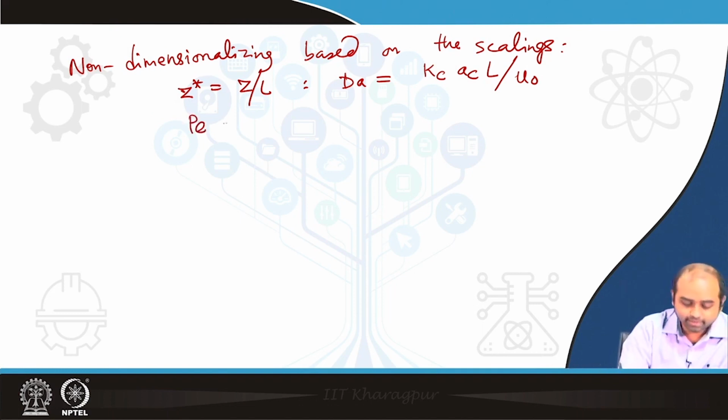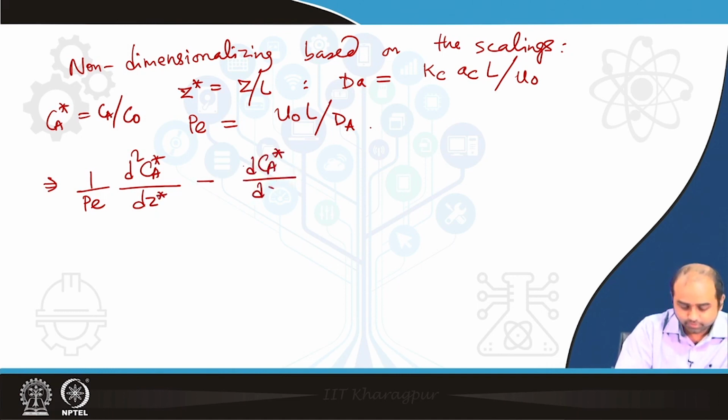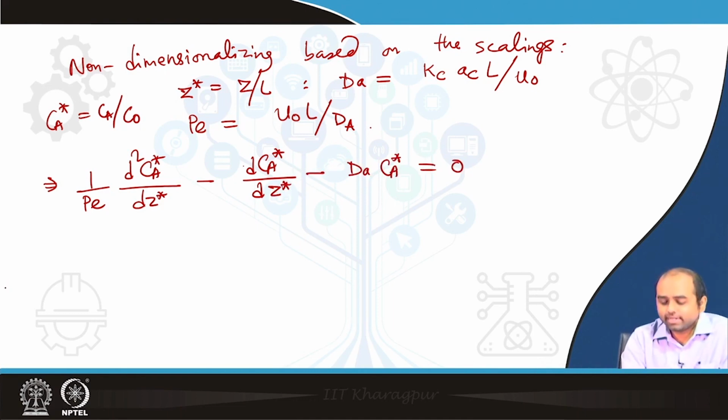And then you have the Peclet number, which is the convection rate by the diffusion rate. So, the same equation can be modified with 1 by Peclet number, and of course C A star is C A by C naught. This is the modified equation we get.